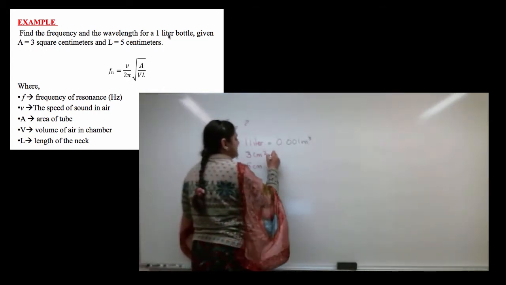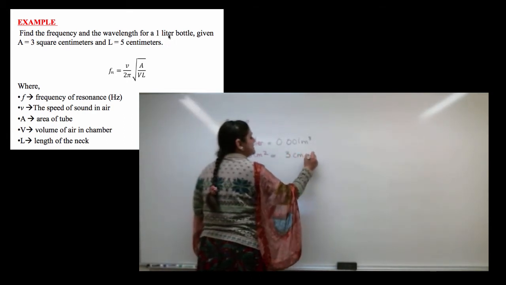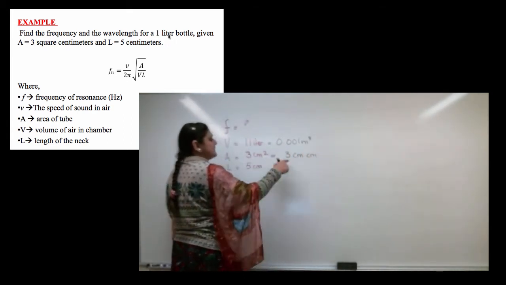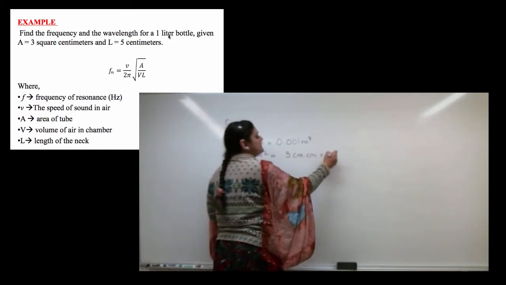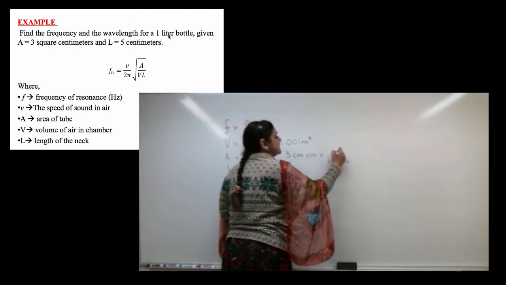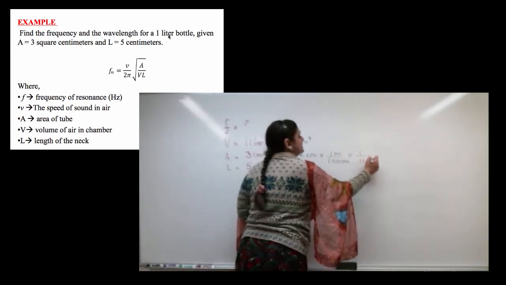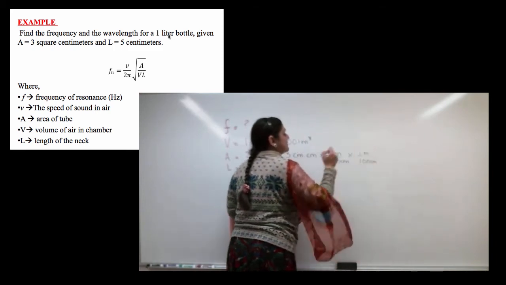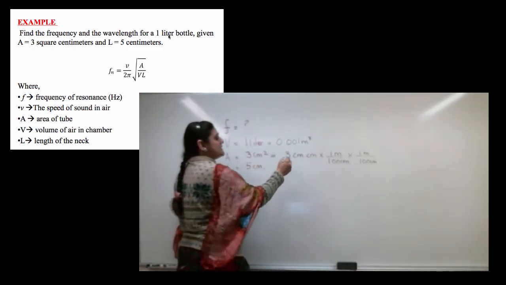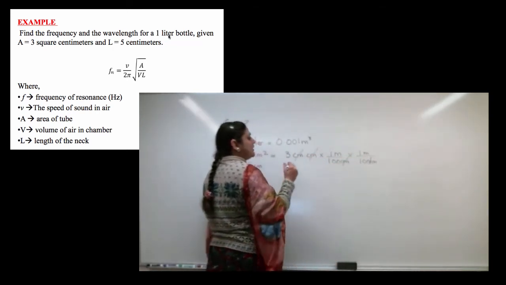Okay? Area is in centimeters squared. So how do we convert centimeters? This is going to be 3 centimeters squared. That's what centimeter squared means. Now in order to convert it, I have to multiply by 1 meter over 100 centimeters, twice. So now the centimeters go away. What do I get?